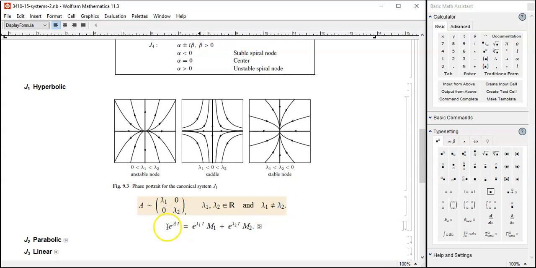In that case, you're going to get this expression of the matrix exponential by Fulmer's method: e to the lambda 1 t times M1, the matrix coefficient here, and e to the lambda 2 t times M2. Now, these two are different.